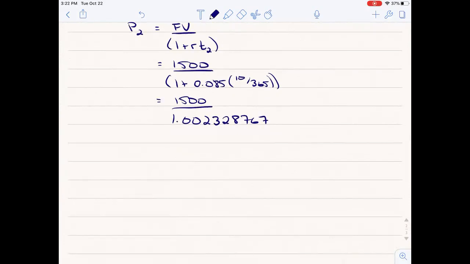1,500 divided by the previous answer equals, good, 1,496.514965.